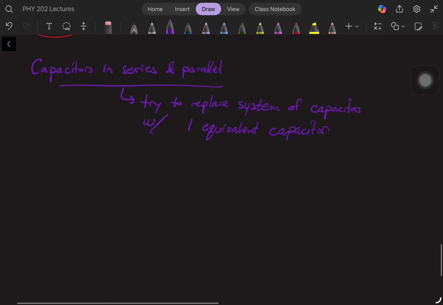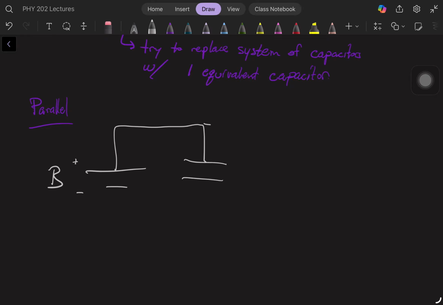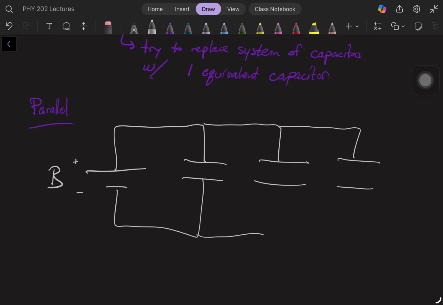And so let's start with parallel. Let's say we have a battery. We'll call that B. Positive, negative. It's got some delta V. Okay, so now we have three capacitors.